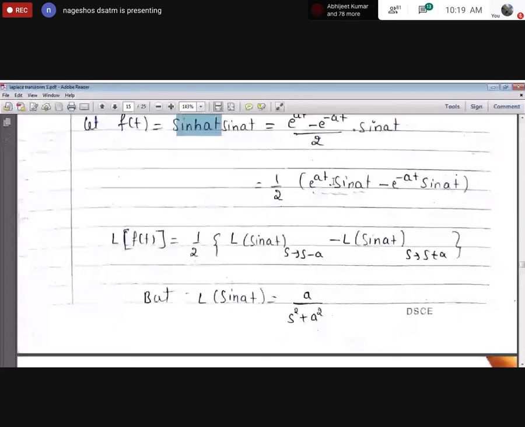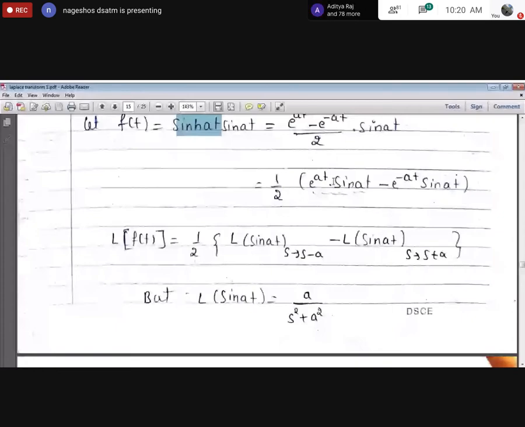Here also, Laplace transform of sin at, s should be replaced by s plus a. So, what is Laplace transform of sin at? a by s square plus a square. But here s should be replaced by s minus a. So, what happens if you replace s by s minus a?